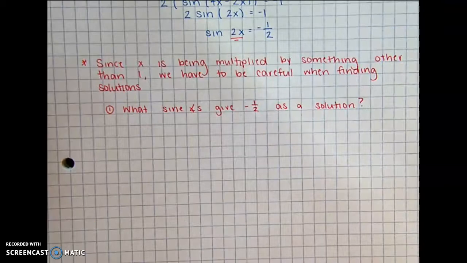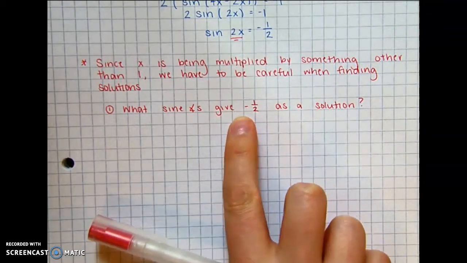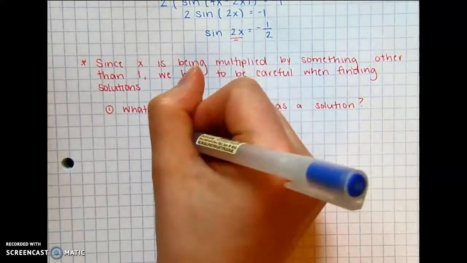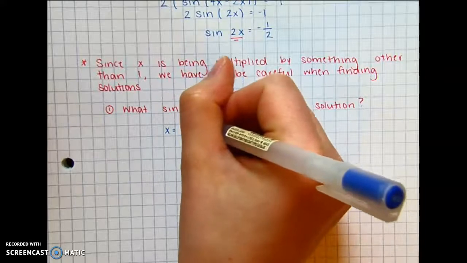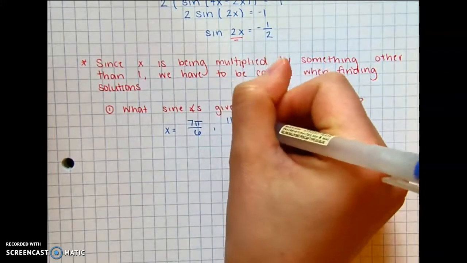I'm thinking of my unit circle, it's negative, so that's quadrants 3 and 4. And so there are 2 angles where this occurs, right? 7 pi over 6 and 11 pi over 6.